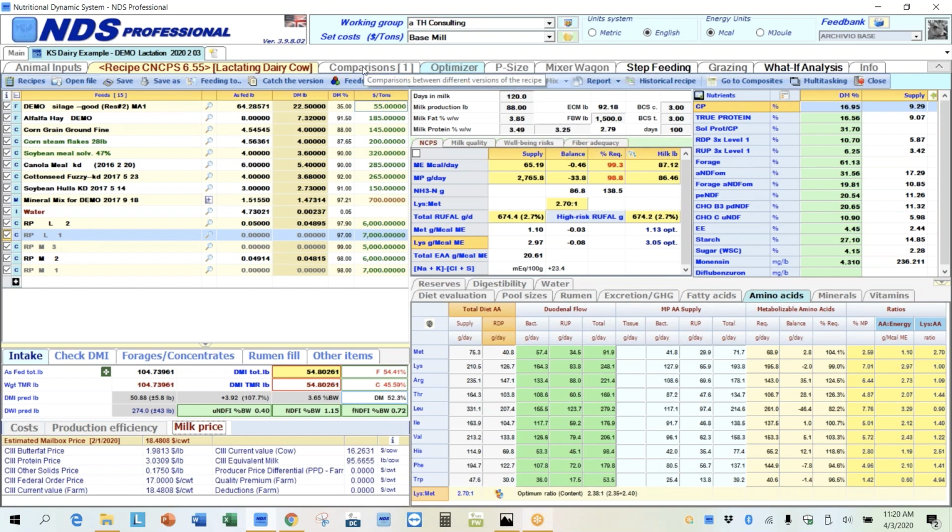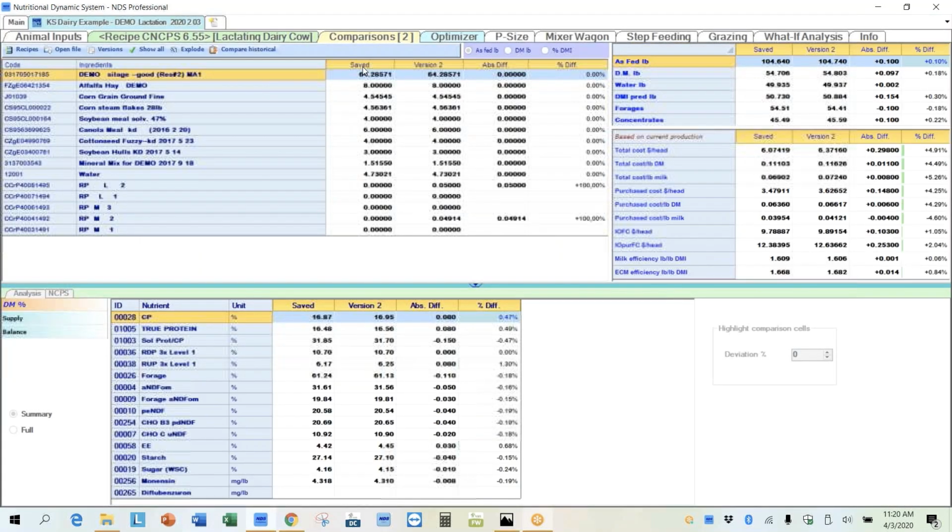So now if I do a comparison of these two diets, and I choose to do my comparison on the base or the current production, then what I can see is that the milk didn't change, but my milk protein did.